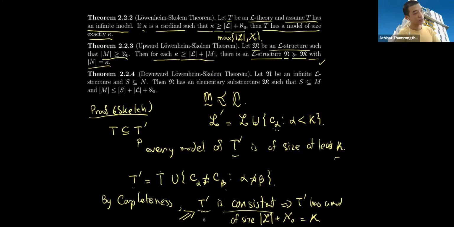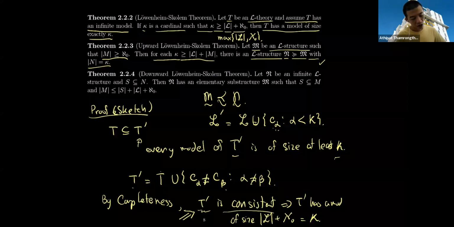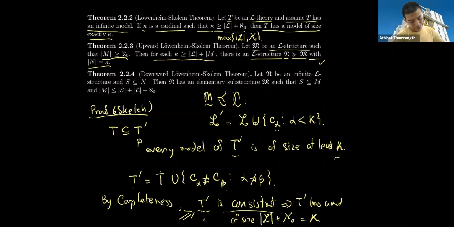Given a cardinality kappa larger than the cardinality of M, you can always find an elementary extension of M of that size. That's what we call the upward Löwenheim-Skolem theorem, because we look up at the larger structures.